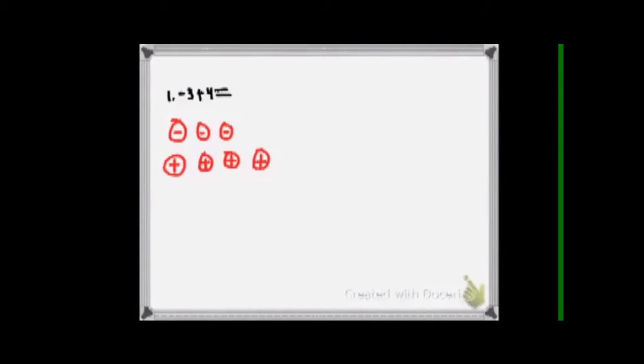So let's make our 0 pairs. There's 1 0 pair, 2 0 pairs, and 3 0 pairs. You could just X them out and then you're left with 1 positive chip, and that's your answer.